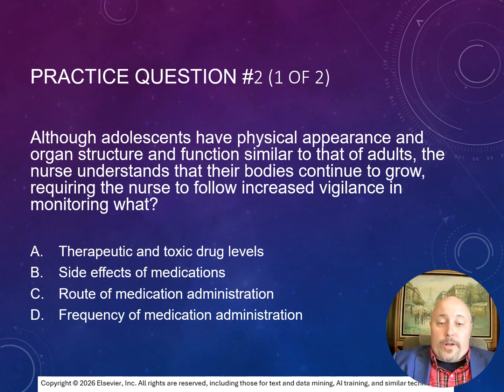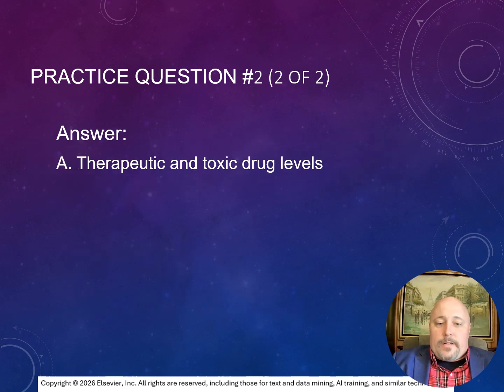For question two, although adolescents have physical appearance and organ structure, as well as functions similar to that of adults, the nurse understands that their bodies continue to grow, requiring the nurse to increase vigilance in monitoring which area: A, therapeutic and toxic drug levels; B, side effects of medications; C, the route of med administration; or D, the frequency of med administration? That answer is going to be A, therapeutic and toxic drug levels. Because again, this can be influenced by a wide variety of factors related to absorption, metabolism, distribution.